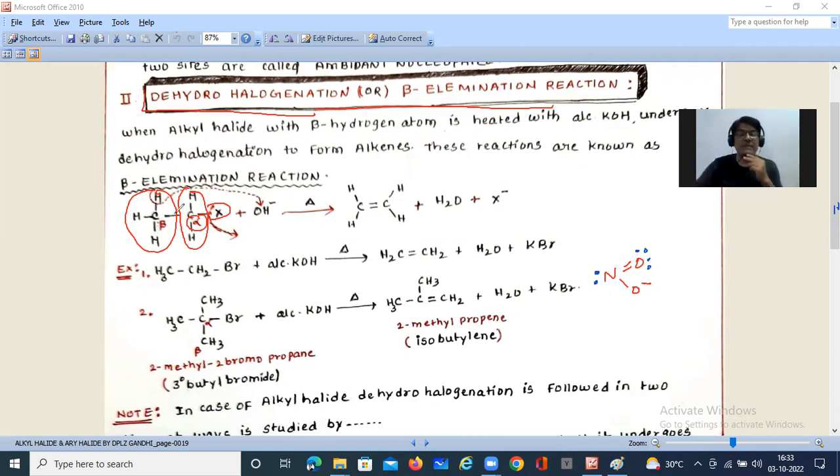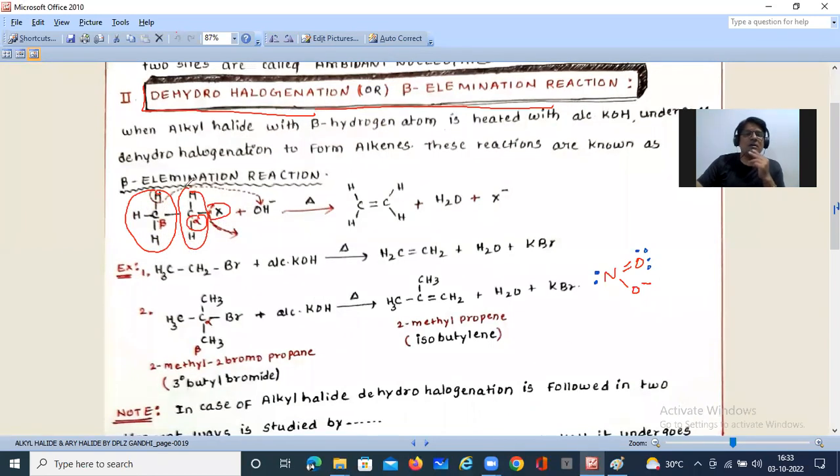Now tell me, for this type of alkyl halide, how many alpha hydrogens are there? Three alpha hydrogens are there, isn't it? One, two, three. So whenever this type of alkyl halide reacts with alcoholic KOH solution, it undergoes dehydrohalogenation. Dehydrohalogenation means what?